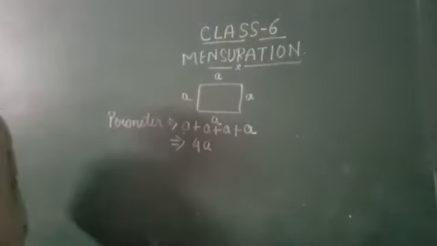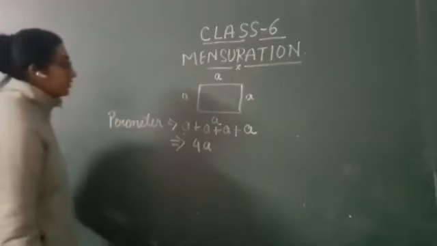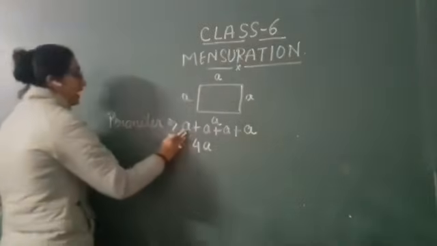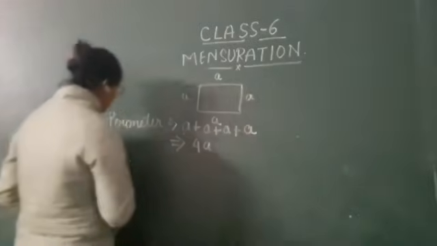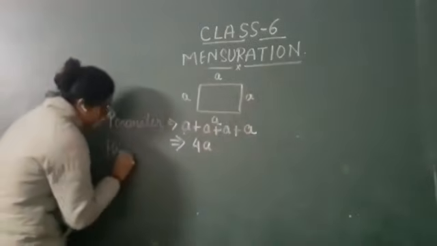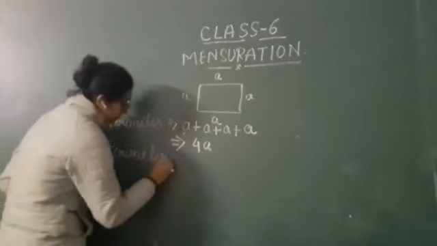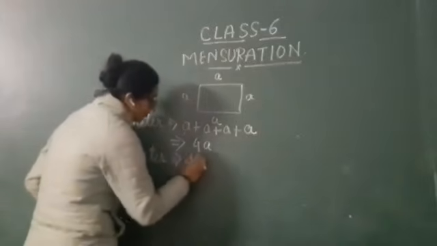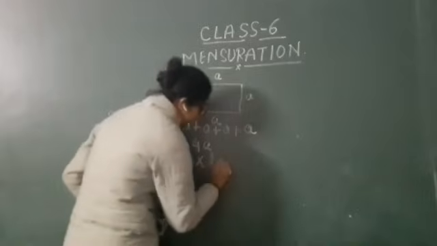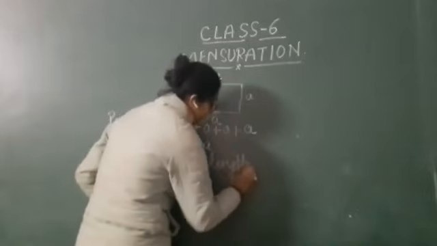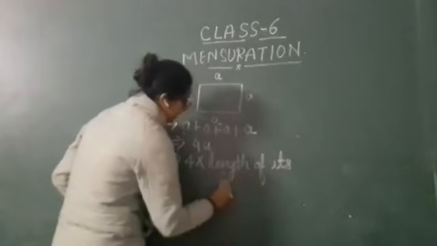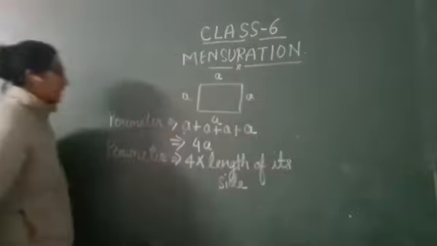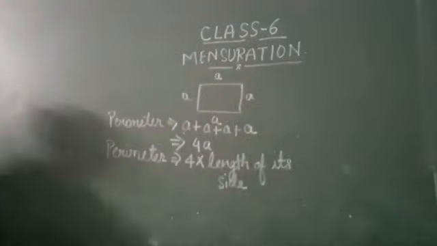Next, if we have to add all the lengths, that is also correct. One formula is: perimeter of a square equals 4 into the length of its side.